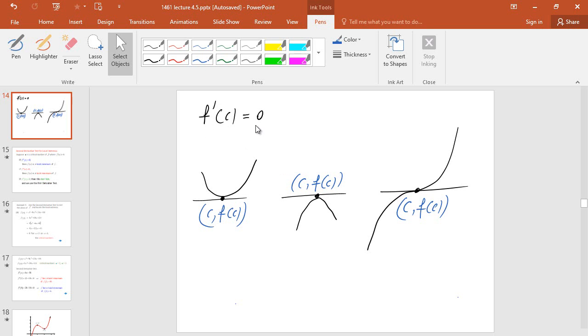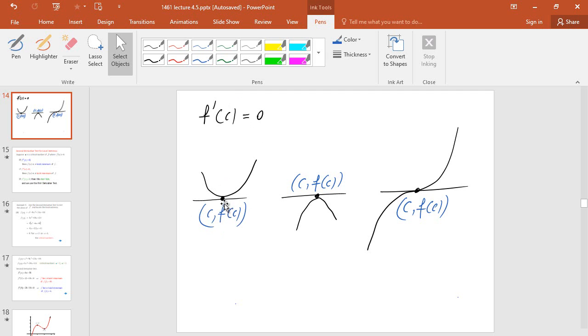If f prime of c is 0, that means that the slope of the tangent line to the graph of f at the point (c, f of c) is going to be 0. In other words, the tangent line at the point (c, f of c) will be a horizontal line. Now, when f prime of c is 0, there are three possibilities.